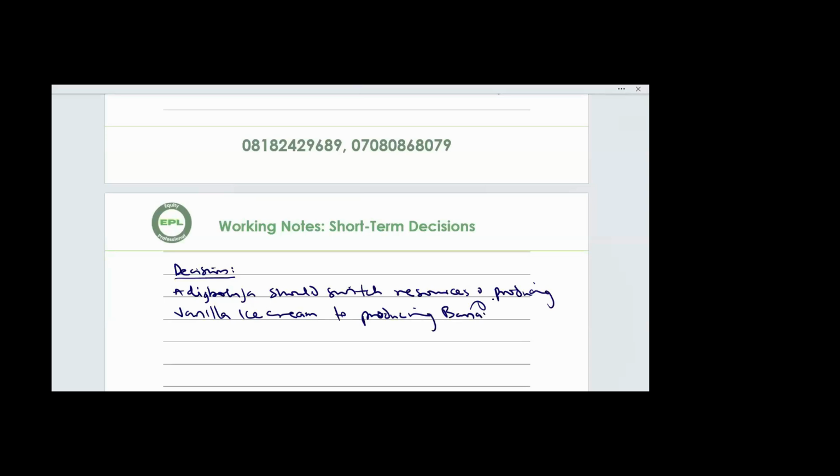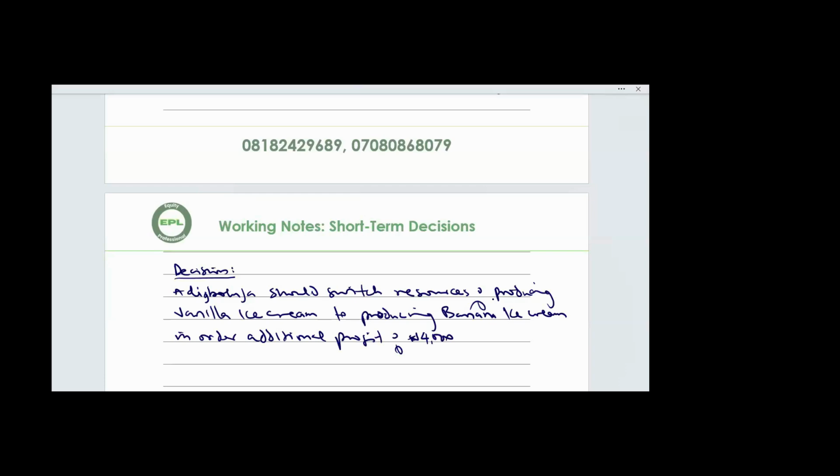Then say Adigboluja should switch resources of producing vanilla ice cream to producing banana ice cream in order to earn additional profits of 4,000 naira.